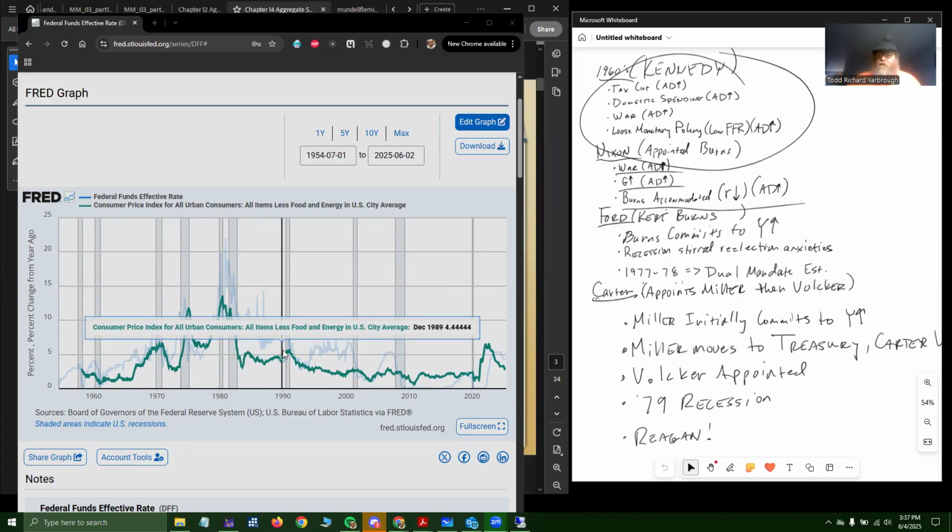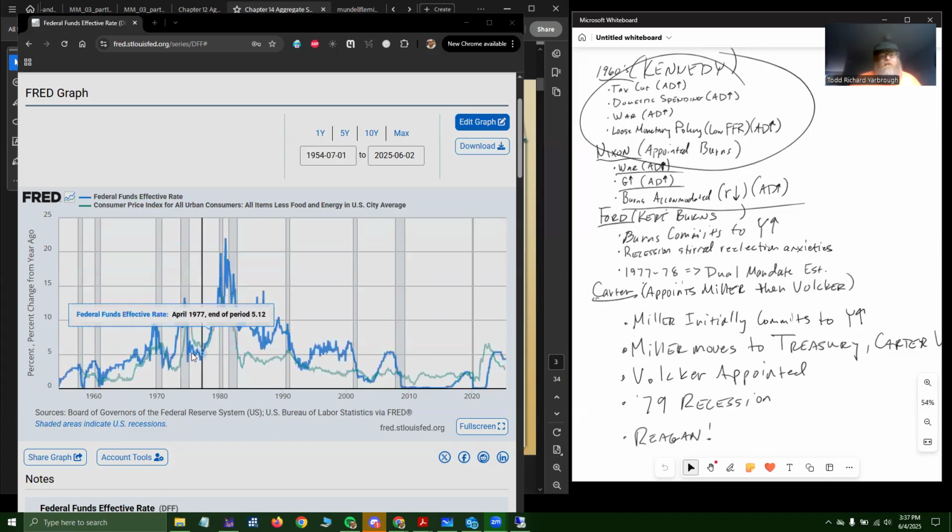Volcker. So the remaining part of the story is that obviously, Nixon steps down, Ford replaces Nixon, Ford keeps Burns, and Burns continues to target low interest rates. In fact, Burns' argument changes. Burns starts talking about maintaining output.